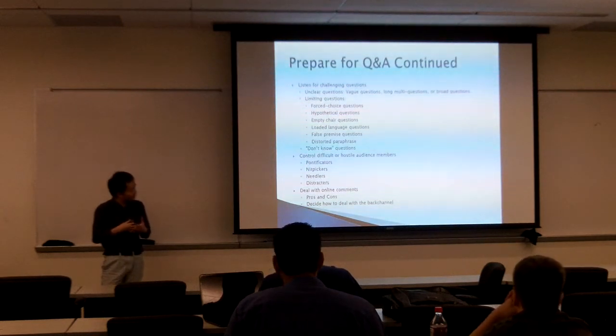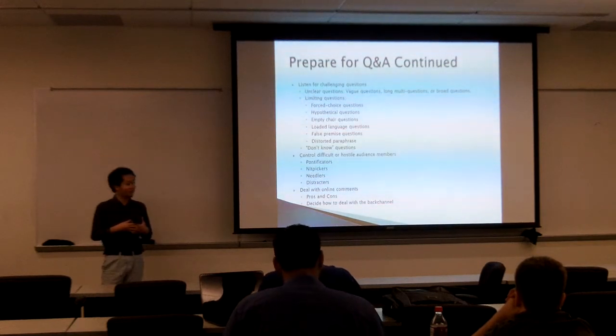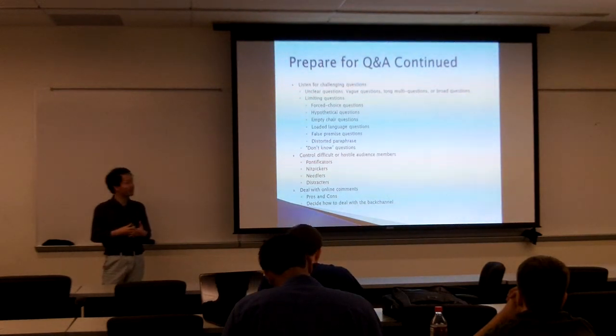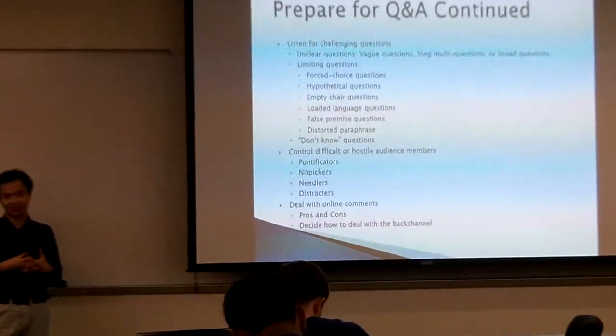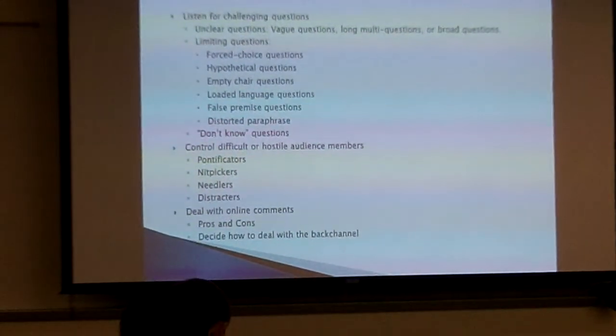The fifth task is to control difficult or hostile audience members. There are four types of hostile audience members. They are pontificators, nitpickers, middlers, and distractors. Pontificators are those that just like to ramble on and on.